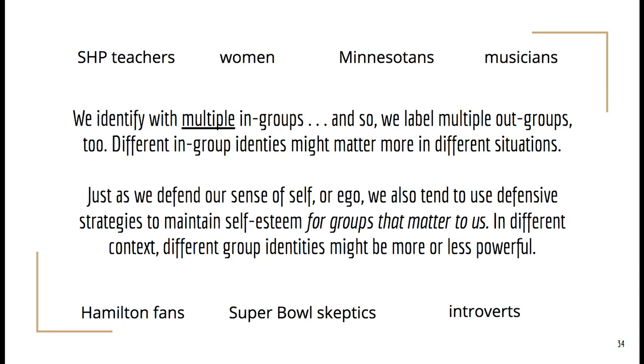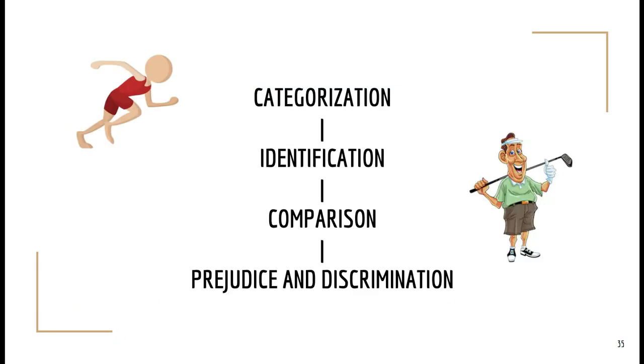But if you come after SHP, I'm probably going to activate some sort of defensive mechanism around that. If you come after Hamilton, probably the same thing, right? And again, it's super easy for me to make those comparisons that look at my in groups really favorably in comparison to others.